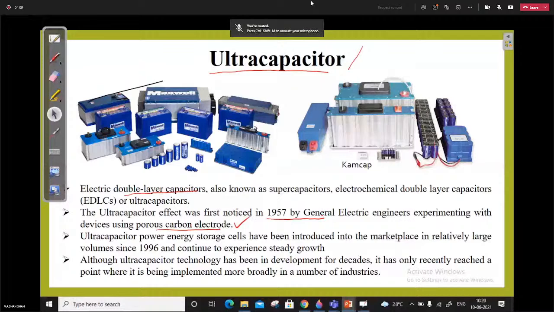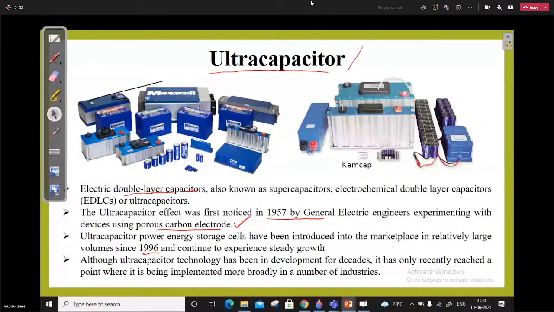The supercapacitor, a power energy storage cell, was introduced into the marketplace in relatively large volume in 1996 and continues to experience steady growth. So now the demand for supercapacitors in different applications is huge.